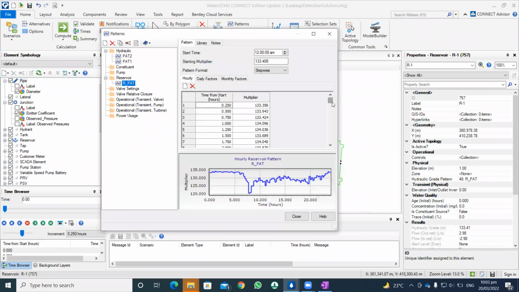So at each time step, the specific multiplier multiplies with that value, so it will calculate the level of water at the different time steps. Using that pattern, the water level has been calculated using that specific multiplier, and then used in the extended period simulation to show how the water is supplied from the reservoir based on the water level available in the reservoir at the specific time interval.